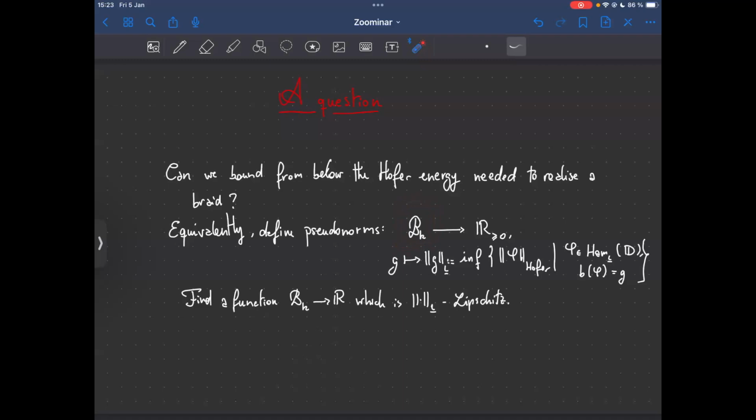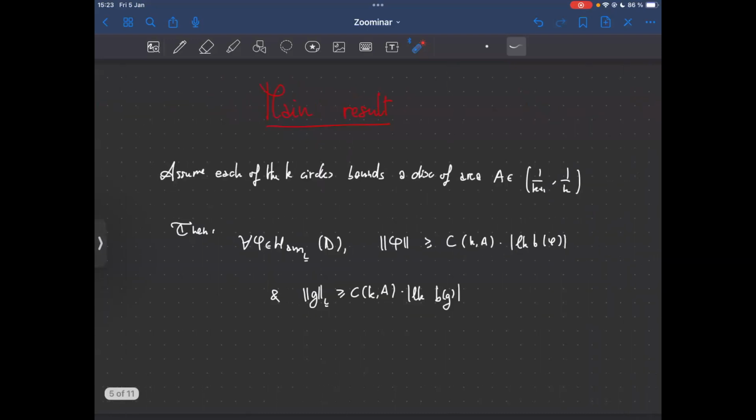To any braid, we associate the infimum of the Hofer energies of diffeomorphisms having that braid as braid type. We would like to find a function from B_K to R which is Lipschitz with respect to this norm and hopefully non-trivial. And that is precisely the content of our main result.